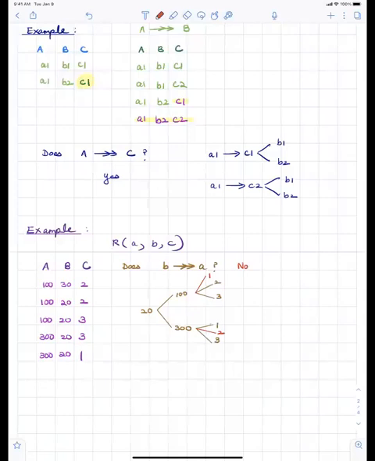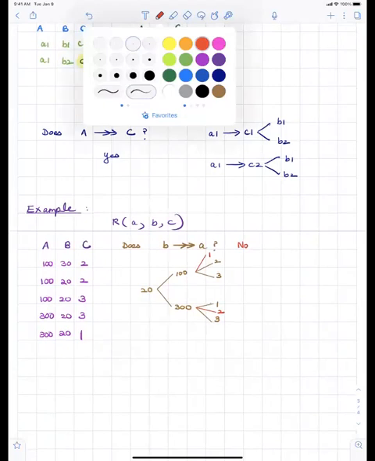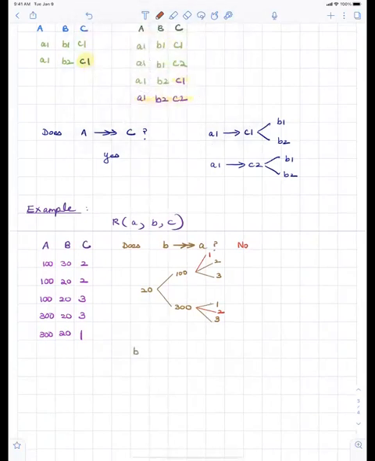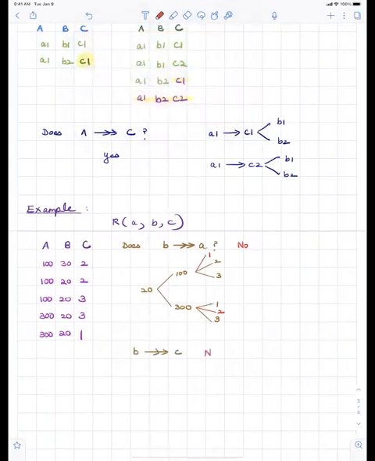So does B multi-value determine A? The answer is no. And once you know that B does not multi-value determine A, you don't even have to look for C, because the answer will also be no. If it does not multi-value determine A, it is not going to multi-value determine C either. Does anyone have any questions on this part?